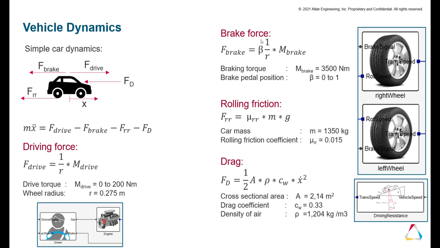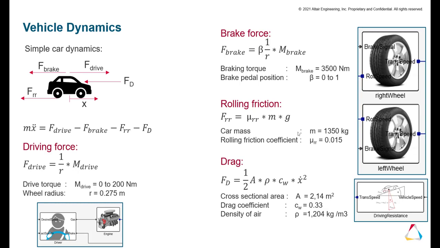And the brake force is a signal that's sent by the driver block, the brake signal, but the actual force is applied within the right and left wheel blocks. So we saw that as a Modelica force block, which applies a force in the opposite direction of the driving force.